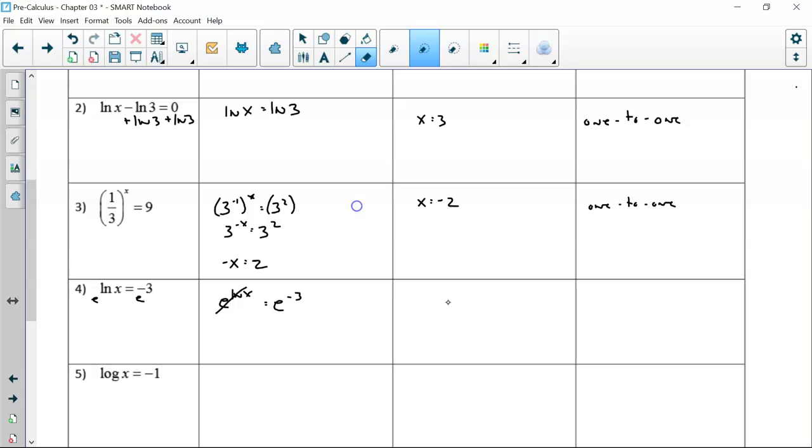So we end up with x equals e to the negative third. And that's the exact solution. x equals e to the negative third, or x equals 1 over e cubed. Either one is acceptable. You could also find the decimal equivalent depending on what you're doing. And that's using inverses.